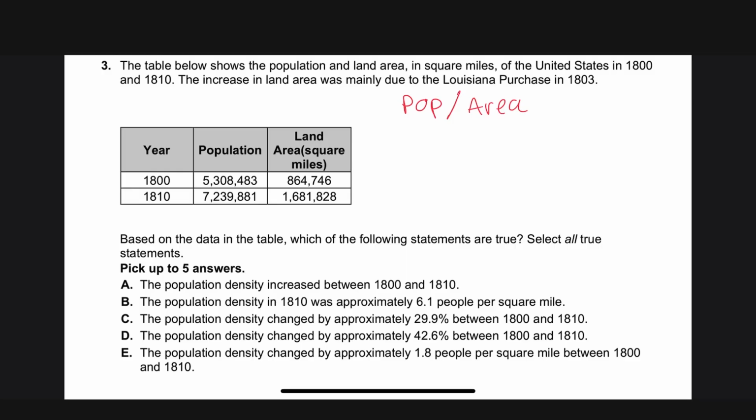And then I end up with a population density of 6.1 people per square mile. And then I'm going to do 1810, which we would have 7,239,881 divided by 1,681,828.